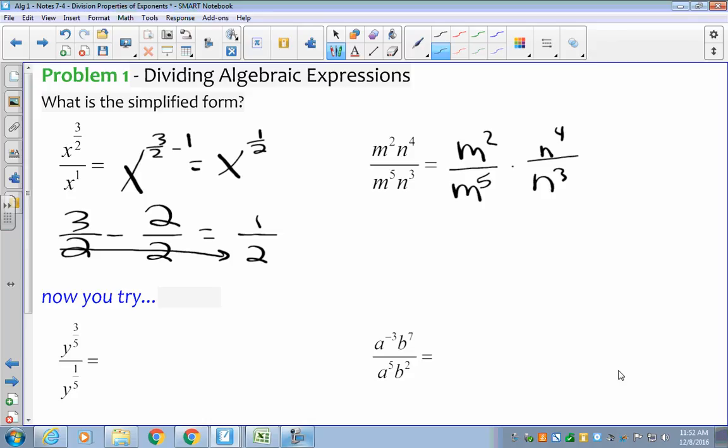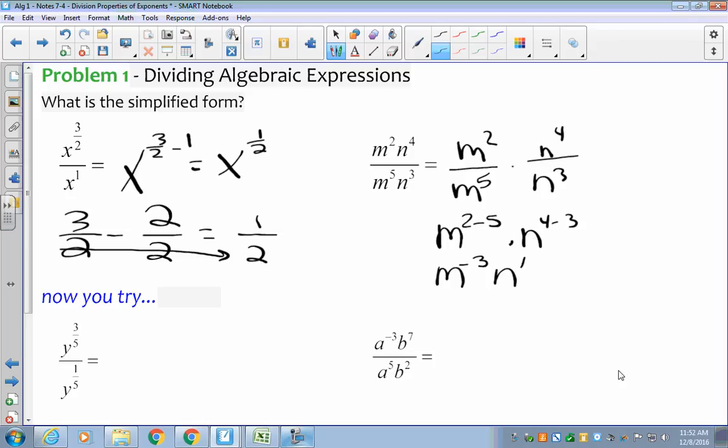So when you have 2 different letters, group the letters together. If it doesn't have anybody to group with, you just keep it as it is. So this would be m to the 2 minus 5 and n to the 4 minus 3. m to the negative 3 and n to the 1.